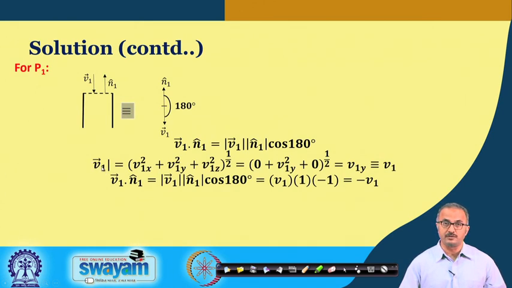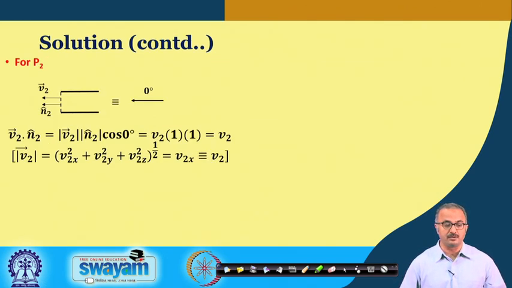The magnitude of the velocity vector is v1x square plus v1y square plus v1z square, to the power half. In this case we have only the vertical y component, so we write v1y and take it equivalent to v1. So v1 dot n is V1 times unity times cos 180 degrees, which is -1. So we get minus V1.